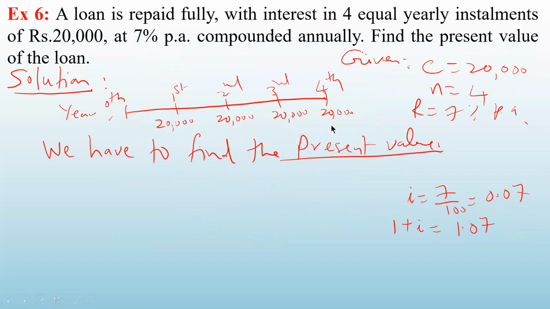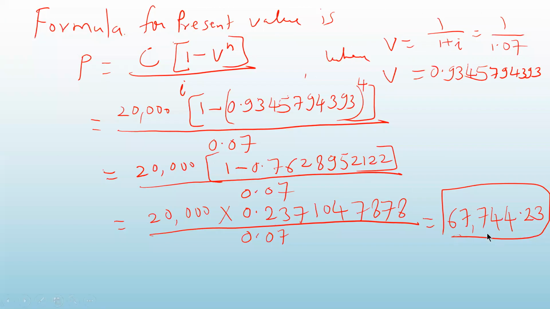He is paying 4 installments, so actually he is paying 80,000, but the loan amount he has taken was only 67,744.23. Therefore, the loan amount is rupees 67,744.23.